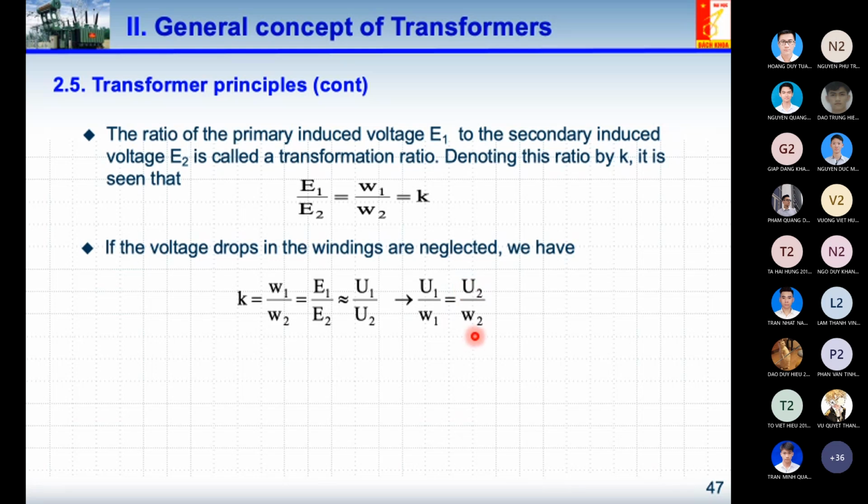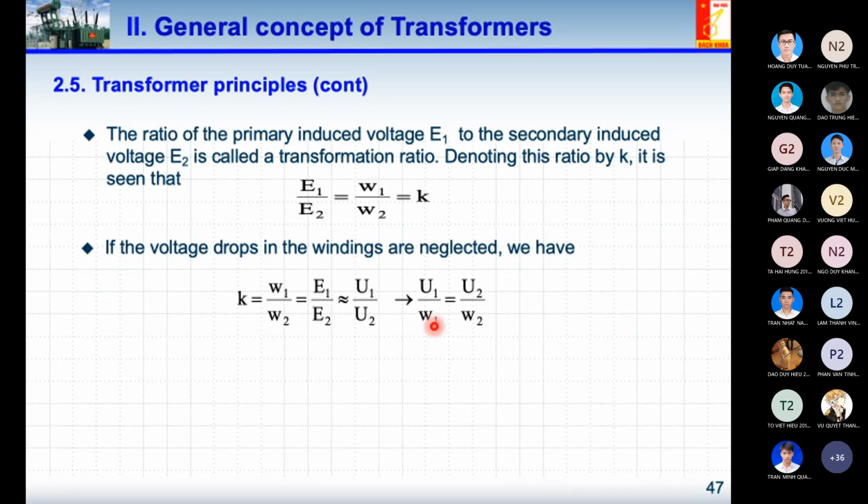Otherwise, if we get the expression, U1 is equal to U2 multiplied by the number of turns of the secondary winding, W2, divided by W1.